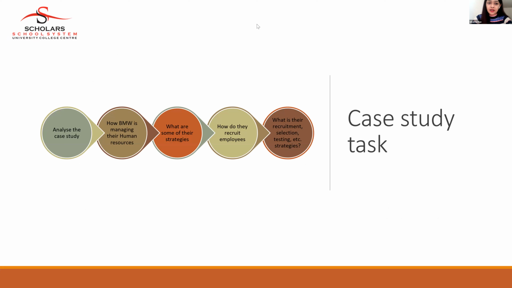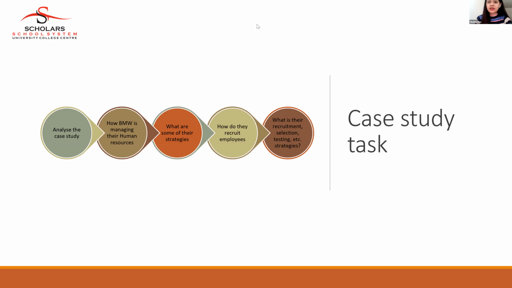So here's a little case study task that you can do. Please go back to the slides that we have discussed before, scroll back, and try to analyze the case study more. Think about how BMW is managing their human resource practices, and if they are doing a good job.